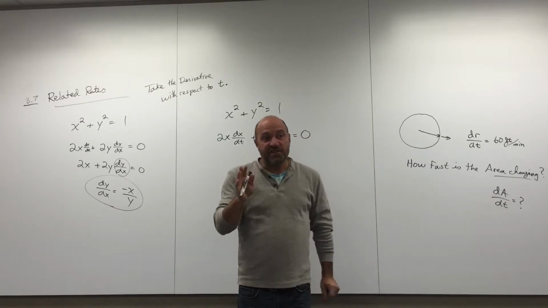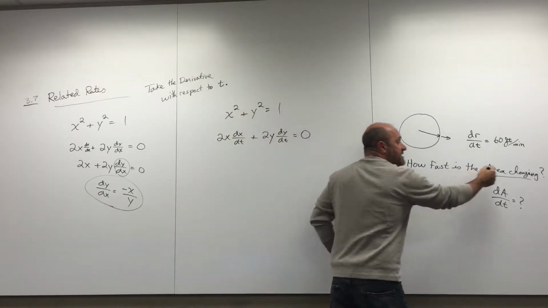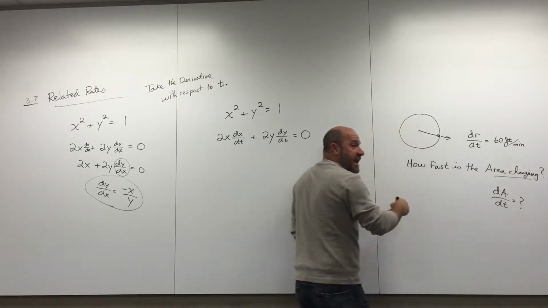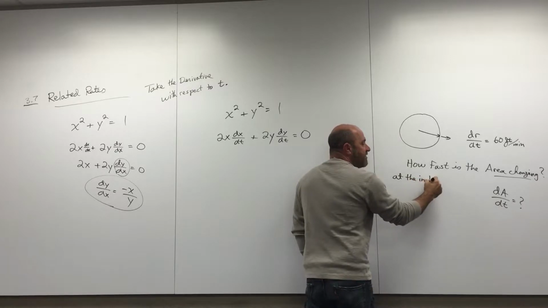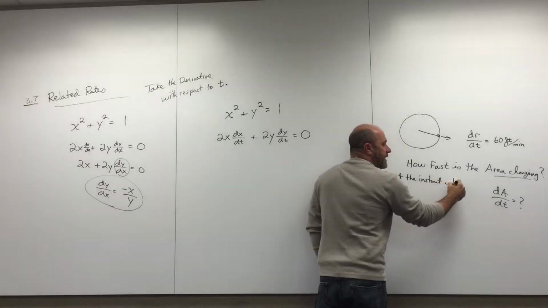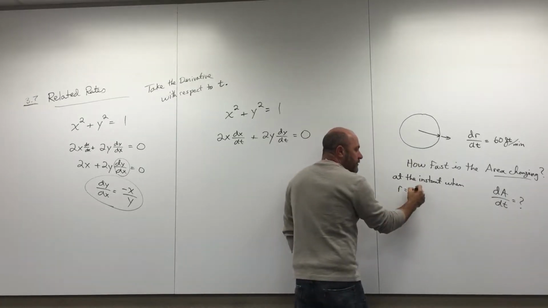But we always ask you these questions at a particular instant. So when I ask how fast is the area changing, I have to say at the instant when r is 200 feet.